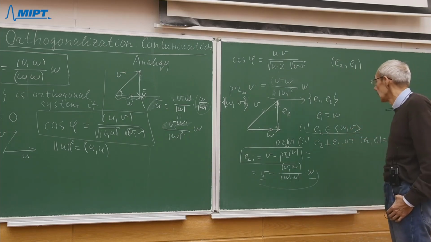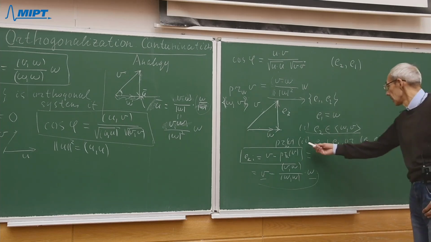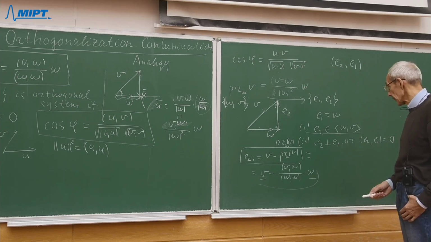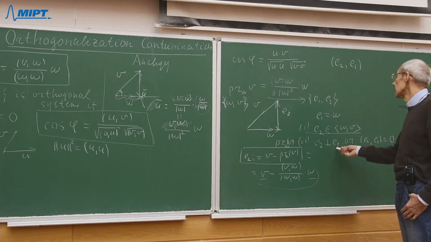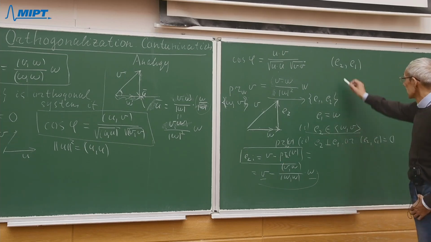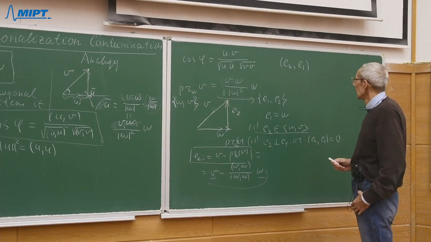And second property too. It means that the vector e2 is orthogonal to the vector e1, which means that the scalar product of these two vectors is equal to 0.